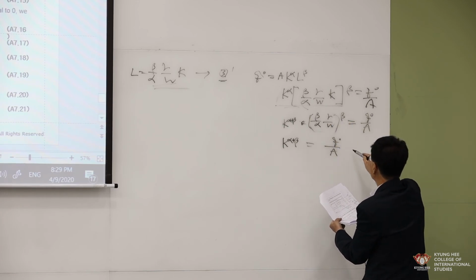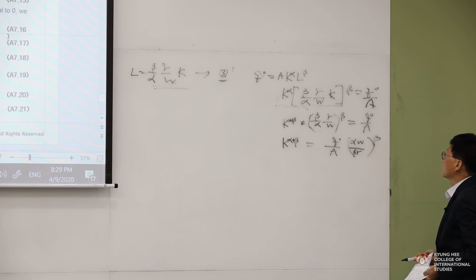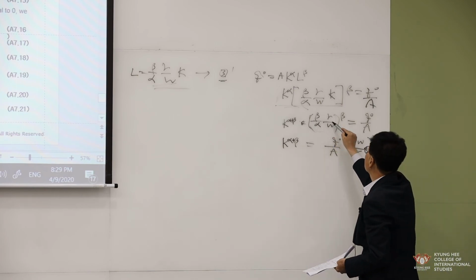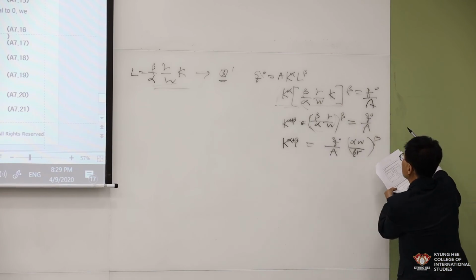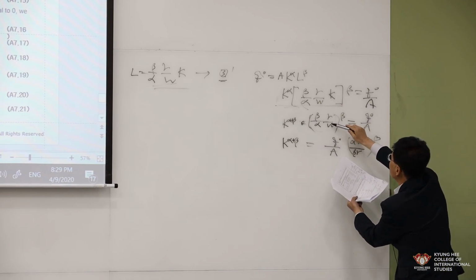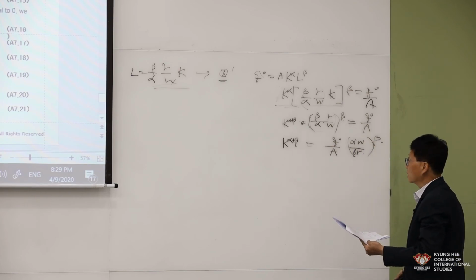This one upside down, then β over α, W over R, to the power β. This one moving inside here, then this one is the reverse value of this one, and β still remained like this.